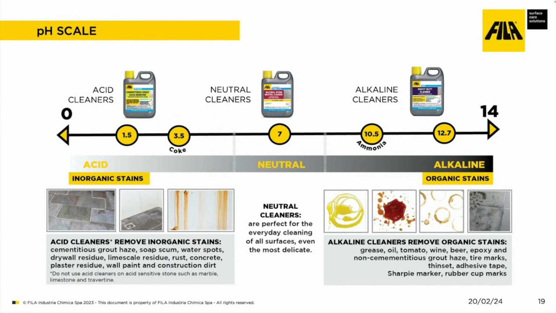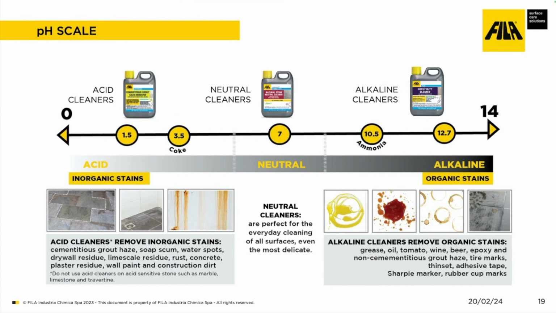Now, the alkaline cleaners, on the pH 12 point something, are more degreasing types of cleaners, meaning they take care of removing colored organic stains, meaning floors that are already in use and have been installed for a couple of years or more, and they need to be deep cleaned.